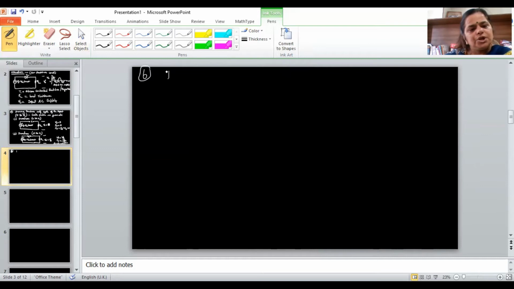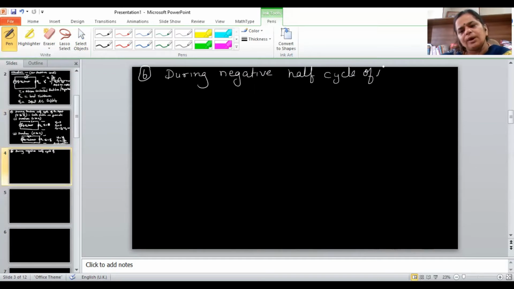So during the negative half cycle of the AC input, which exists from pi to 2 pi.